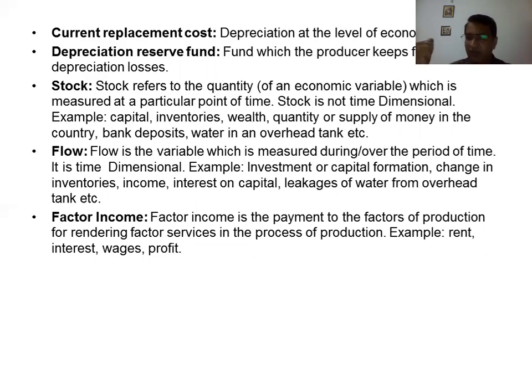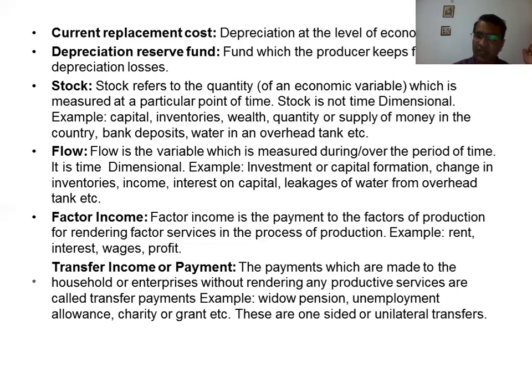Rent is the reward of land. Interest is the reward of capital. Wages are the reward of services, labor, etc. And profit is the reward of the entrepreneur. So any reward for rendering services is factor income, and the total of that is called factor income.